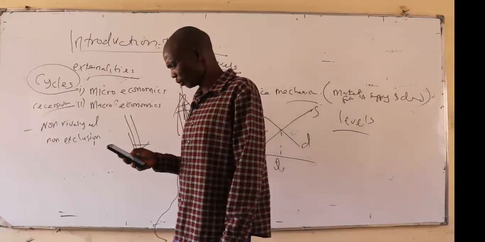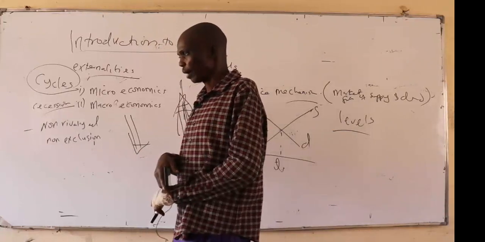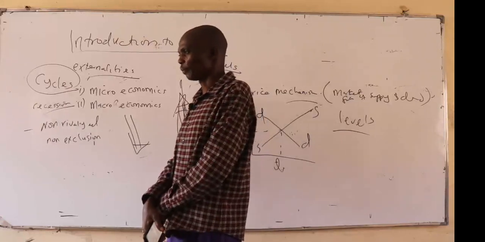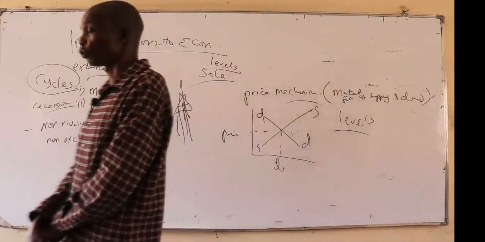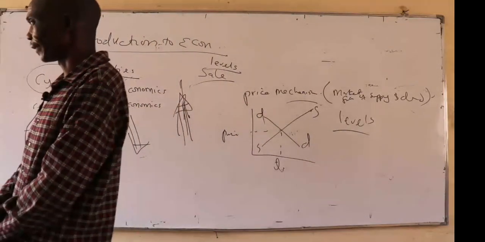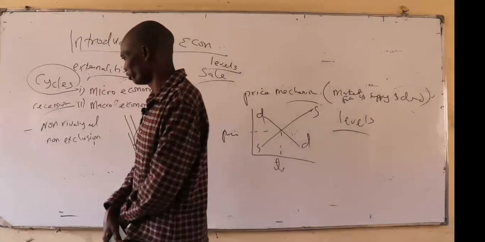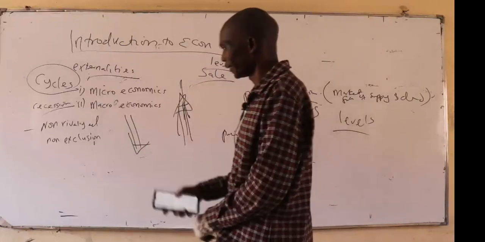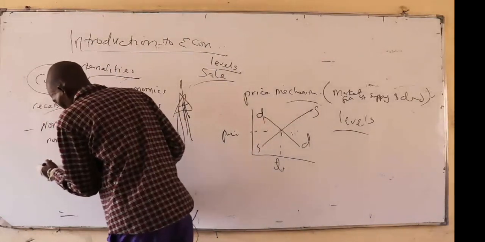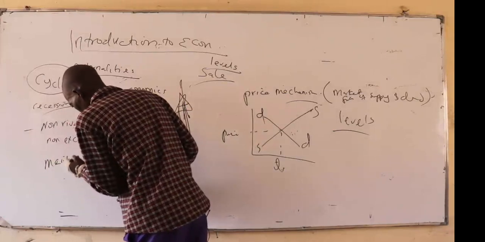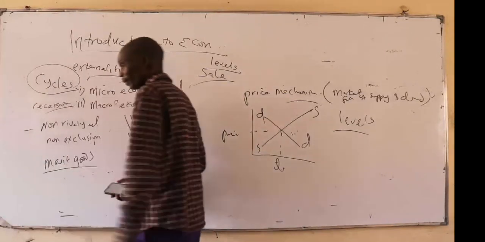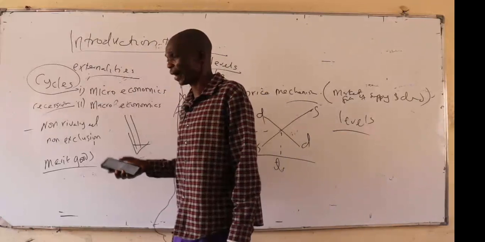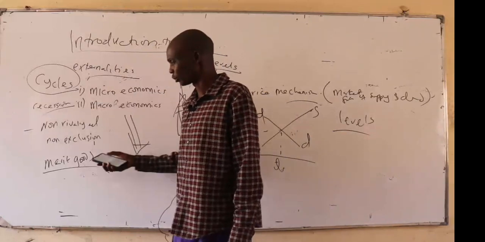Again, other than public goods, we also have merit goods. At times merit goods are also not provided in enough quantity. Merit goods are those which are characterized by underconsumption, but they are socially desirable.